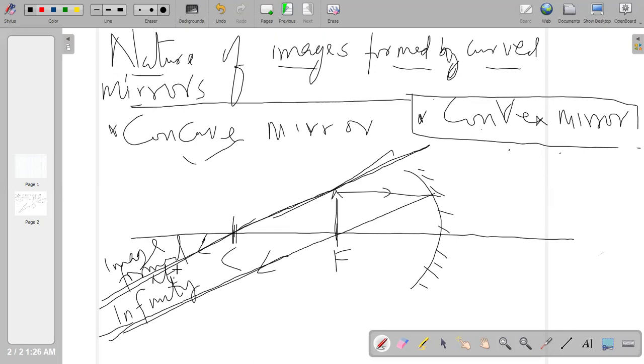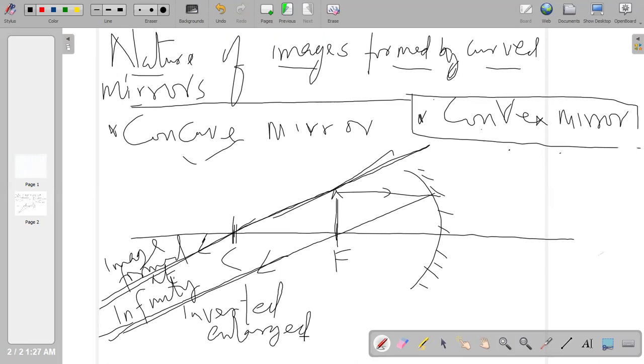The image will also be inverted, if formed at all, and enlarged.